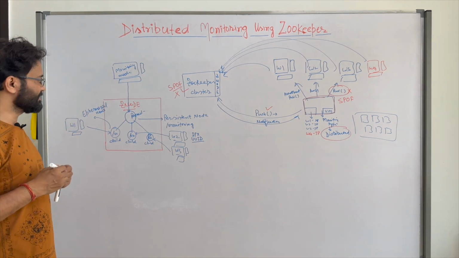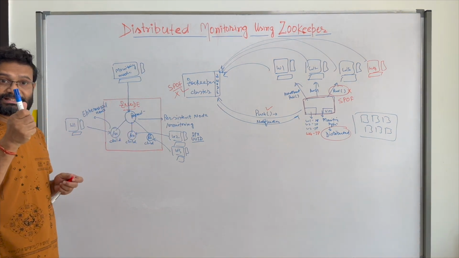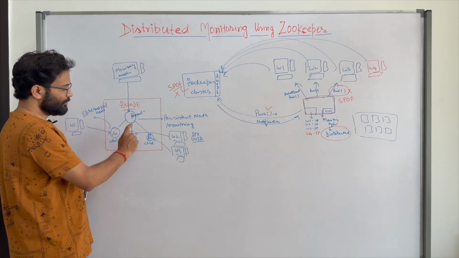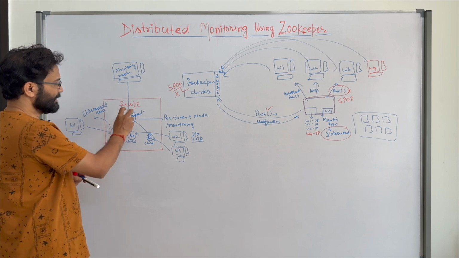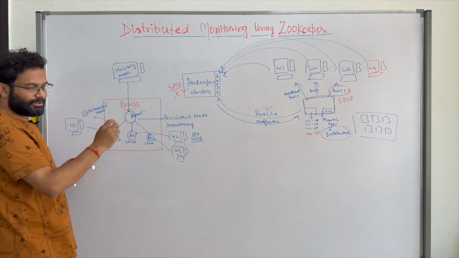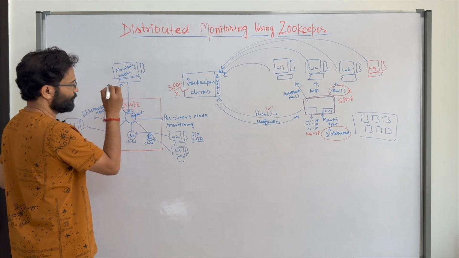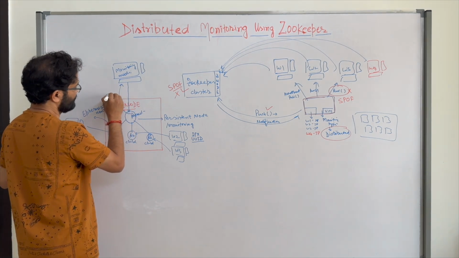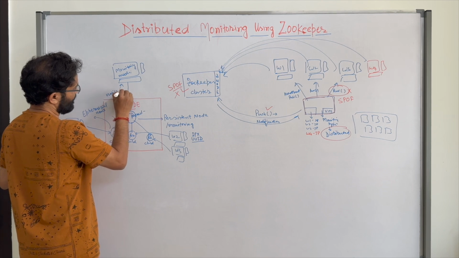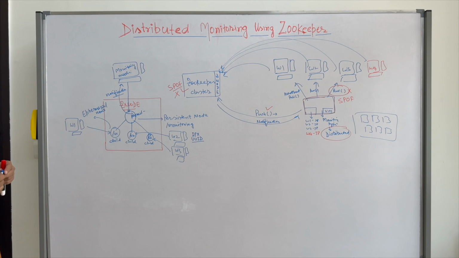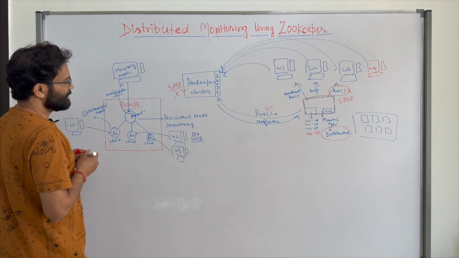So if anything changes in this parent node, meaning any new child is created or any child is deleted, that parent node will send one notification here, right? But how does this happen? This happens with the help of the watches.